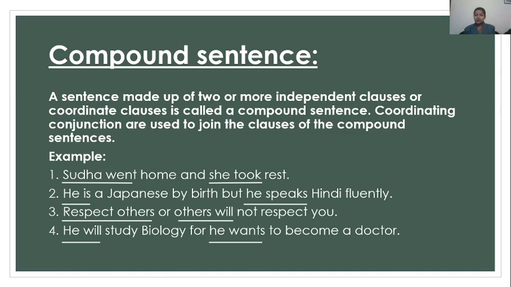So here you can see that and, but, or, for, they all are joining independent clauses and they are coordinating conjunctions. So it means that the sentence is a compound sentence.